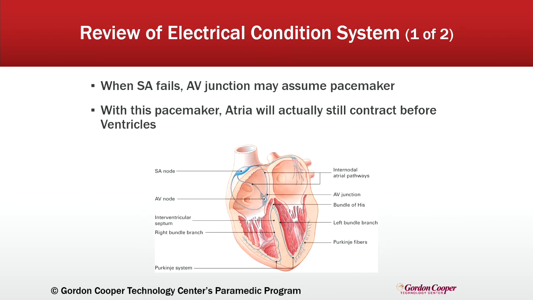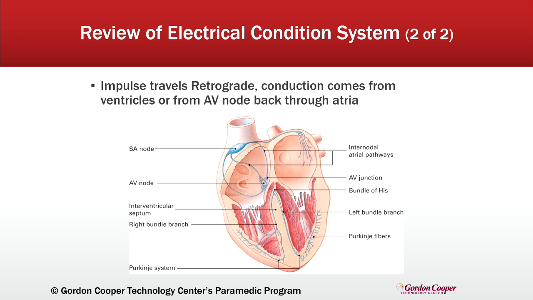Now, when the SA node fails to generate an impulse, the AV junction can step in and take over as the pacemaker. With this secondary pacemaker, the atria will still contract first, just like normal, but the ventricles will follow with a delay, since the impulse is originating from the AV junction rather than the usual SA node.